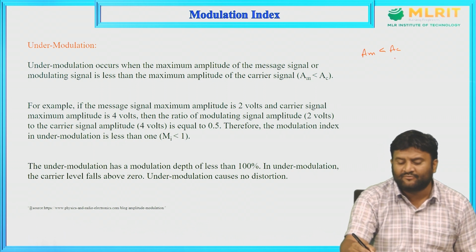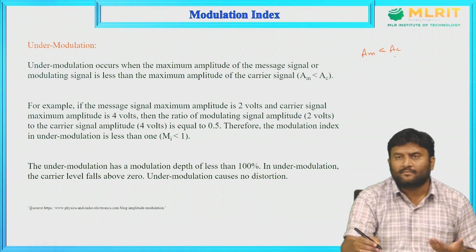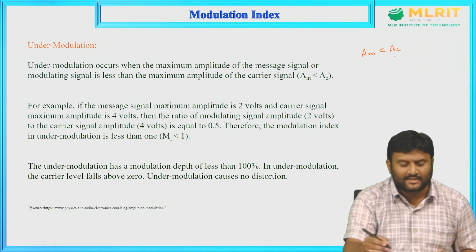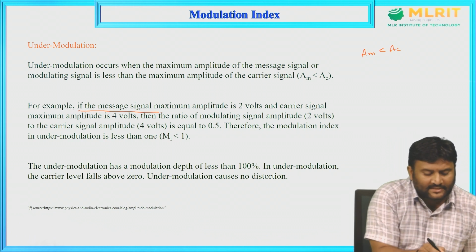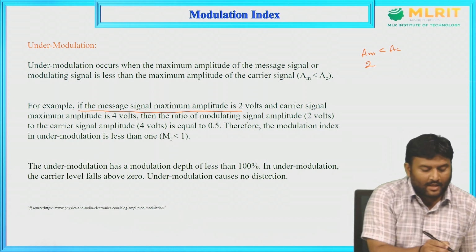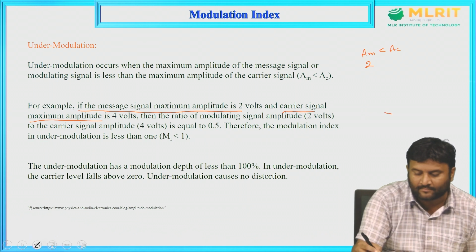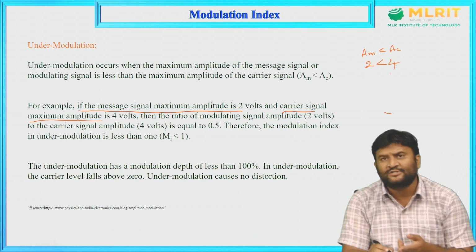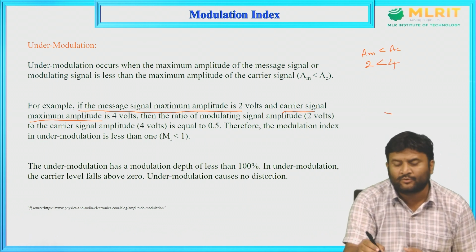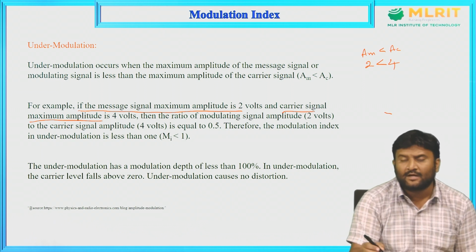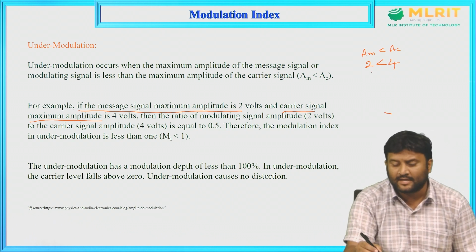For example, if the message signal maximum amplitude is 2 and the maximum amplitude of the carrier signal is 4, this condition is true. The 4 is greater than 2 here. Therefore, observe here, what is the definition of the modulation index? AM by AC.